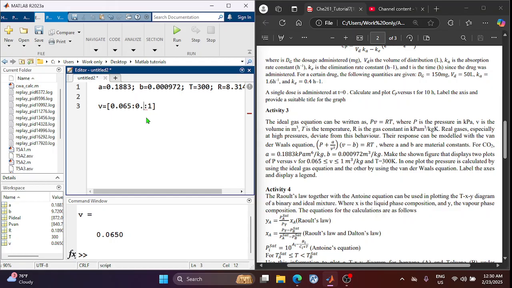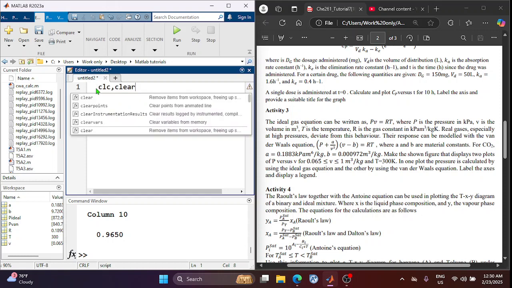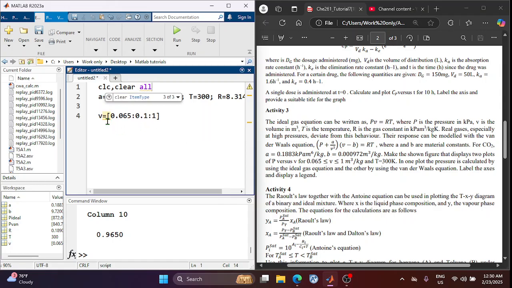Maybe I want it to increase by 0.2 instead, right? Now if I run this, I'm going to get a range of values. So I have about 5 values. I can decide to make it even smaller so I can get more values to work with, so that the plot would be more reasonable.